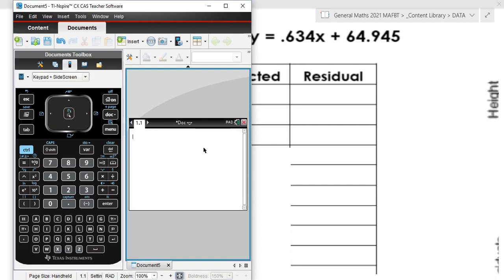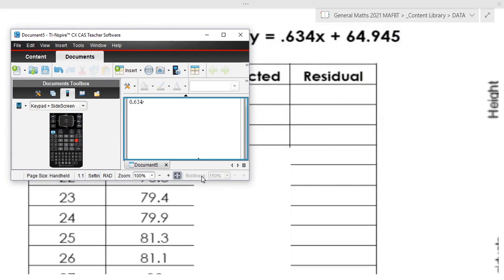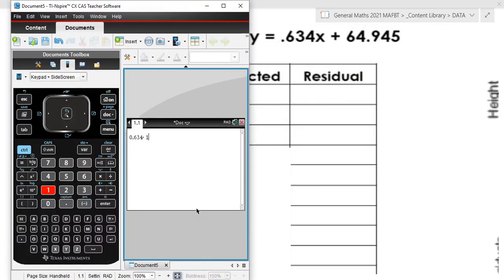I don't necessarily need to write the formula, but I can just go 0.634 times x, whatever my x variable is. In this case it's 18, so 18, plus 64.945.